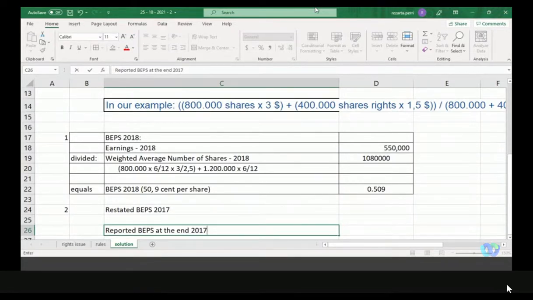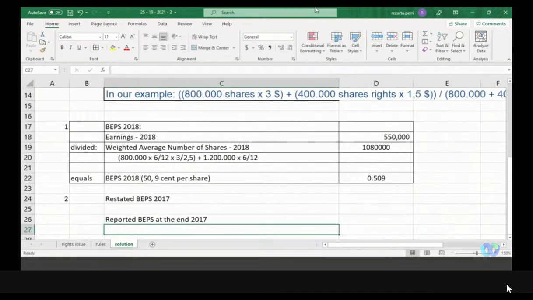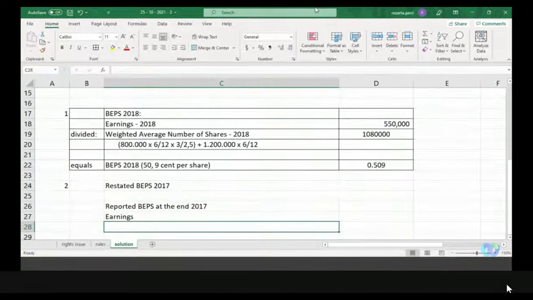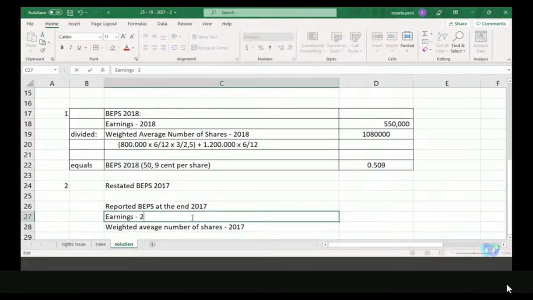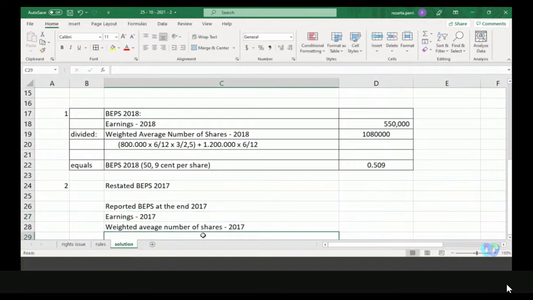So by the end of 2017, I just know the amount of earnings, I know the weighted average number of shares of 2017 again, and that is basically very simple and clear information.